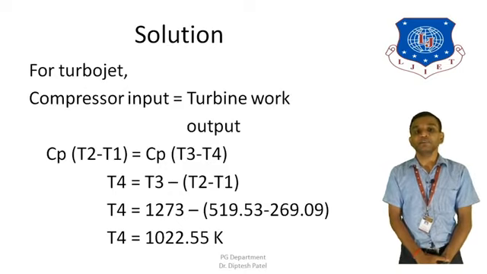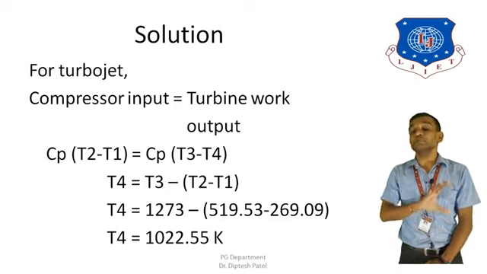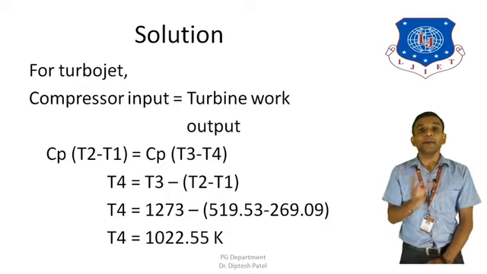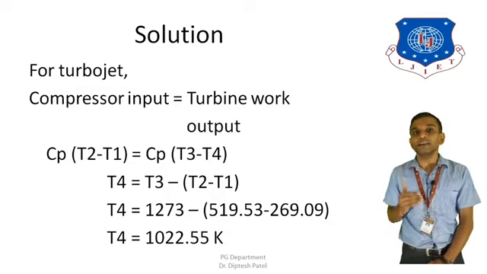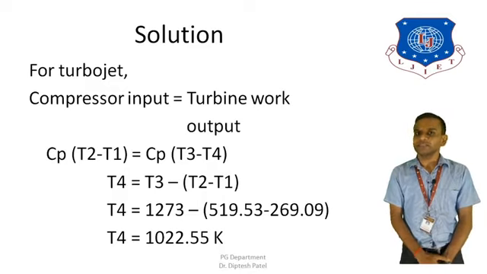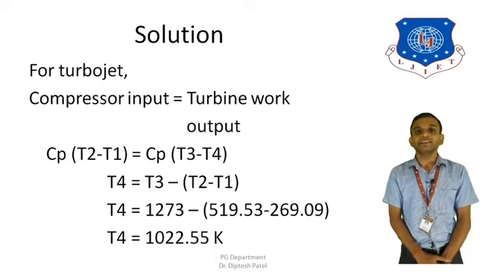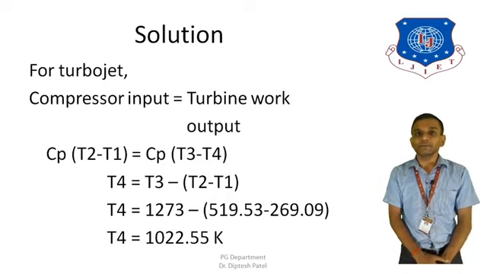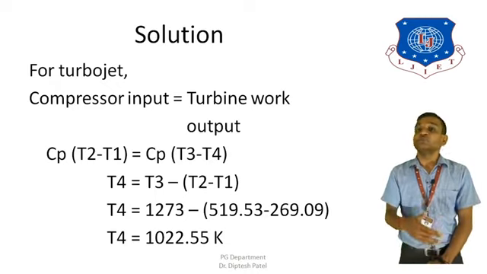Now let's move forward for the further process. Since for the turbojet engine the compressor work input is always equal to the turbine work output, I should be able to write down that the compressor work takes place from 1 to 2 and the turbine work takes place from 3 to 4. So I should be able to write down Cp, which is specific heat, T2 minus T1 is equal to Cp T3 minus T4. Right? So Cp would be eliminated from both sides. So what would be left over? The left over would be T2 minus T1 is equal to T3 minus T4, and therefore T4 is equal to T3 minus T2 minus T1.